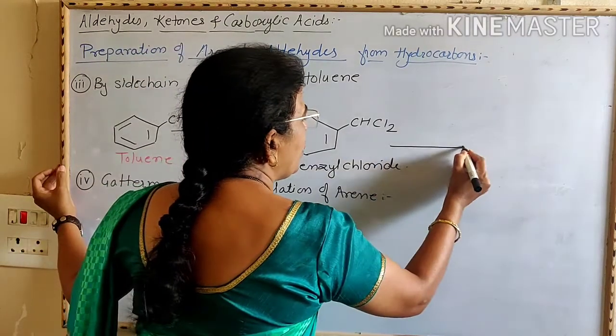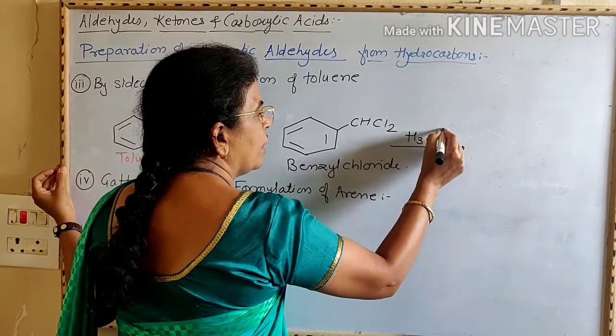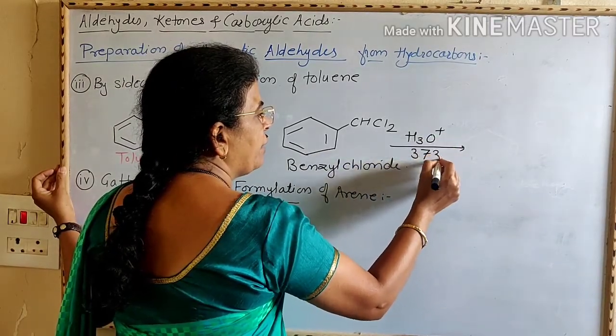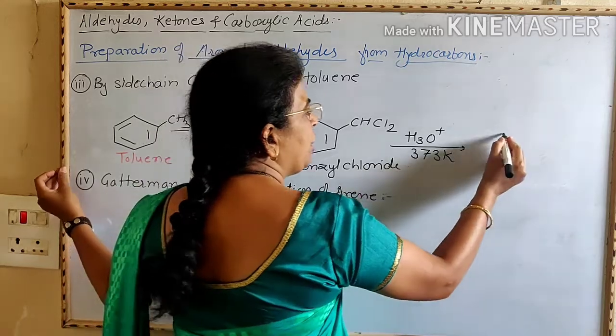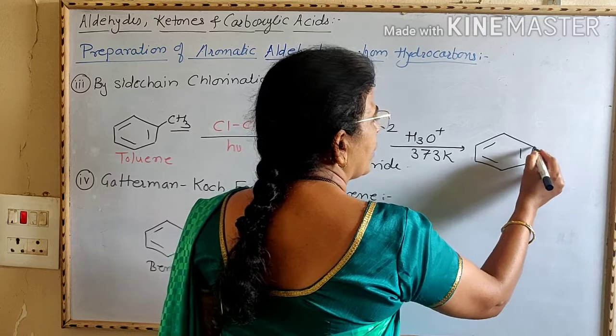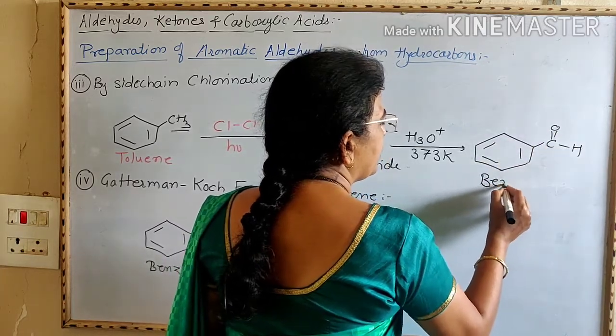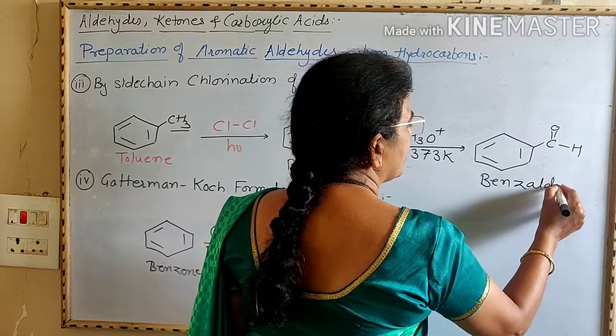And this benzyl chloride, when it undergoes hydrolysis at 373 Kelvin temperature, is converted into benzaldehyde. This is benzaldehyde.